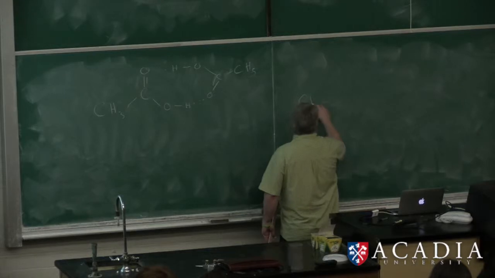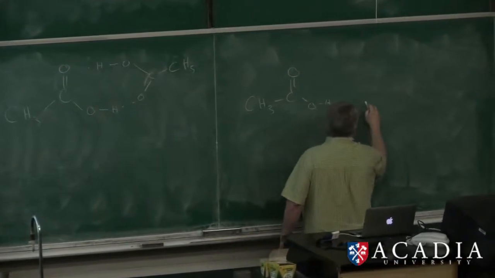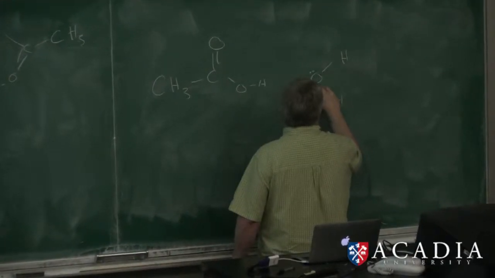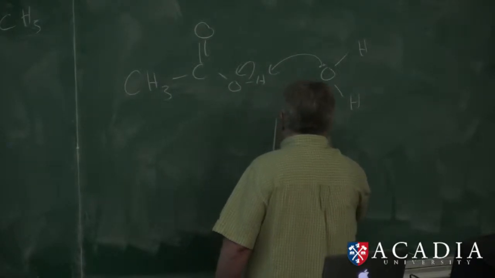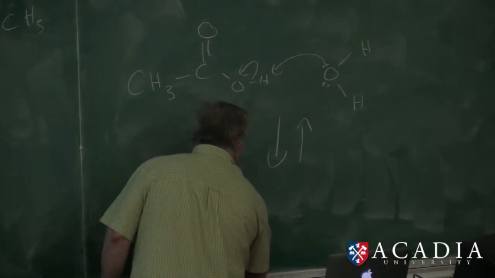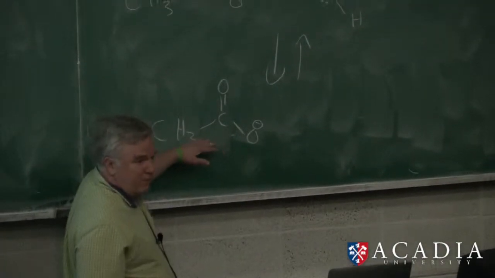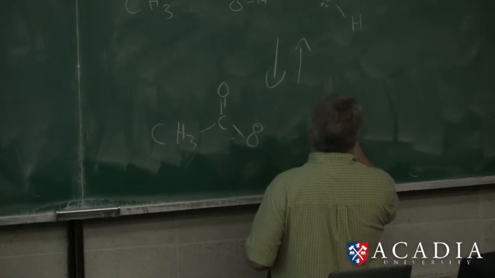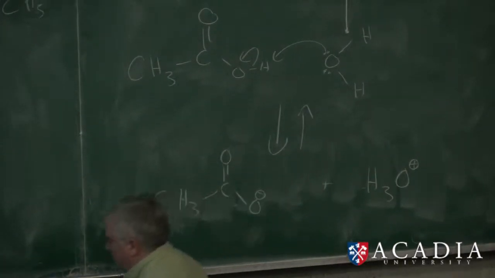So if we have a reaction of a carboxylic acid with water, we have this equilibrium where we have our negatively charged conjugate base, in this case acetate or ethanoate.